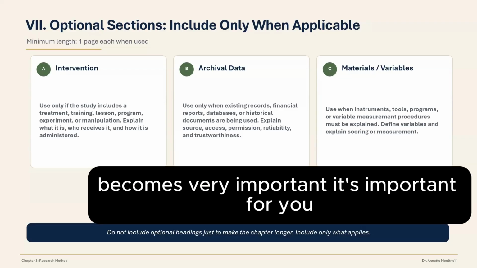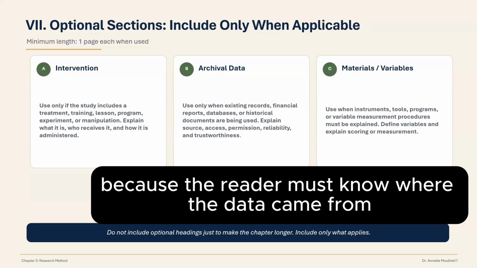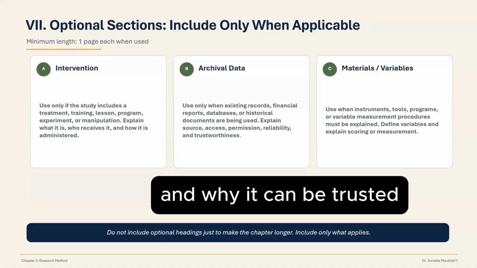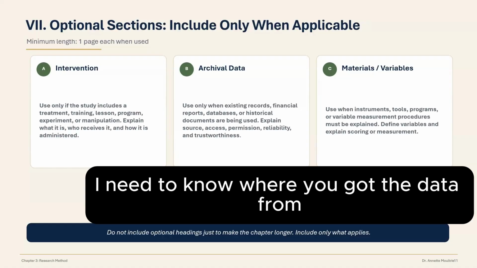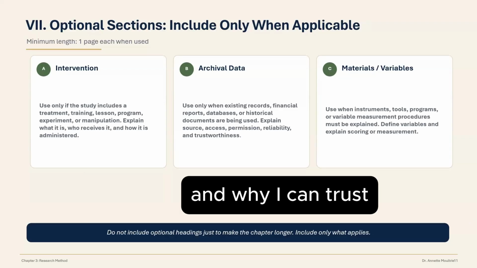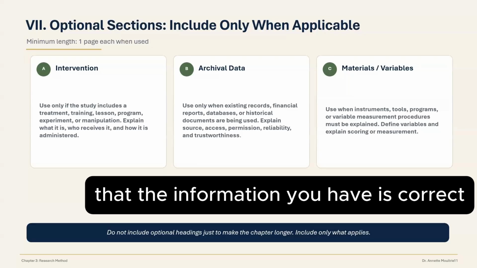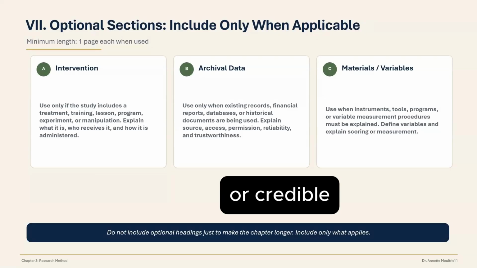It's important for you because the reader must know where the data came from and why it can be trusted. I need to know where you got the data from and why I can trust that the information you have is correct or credible.